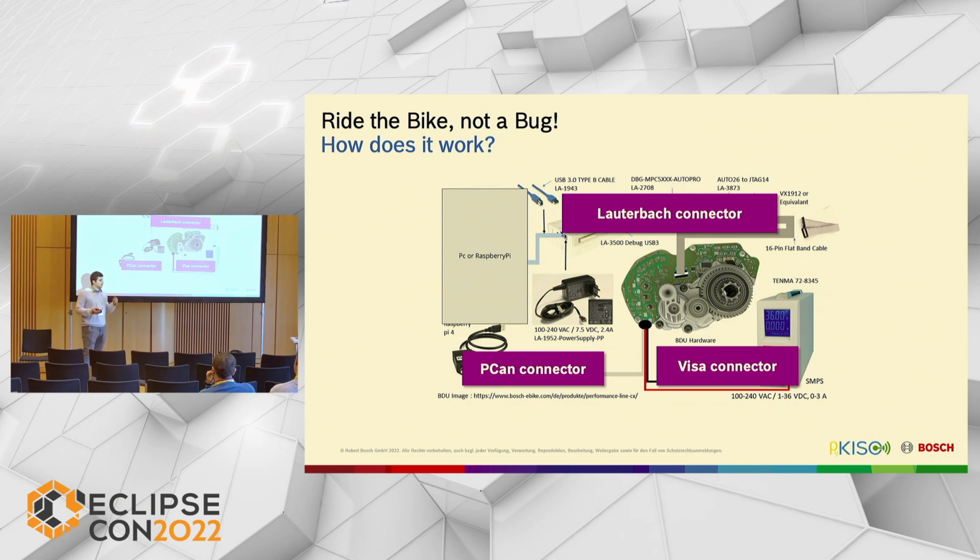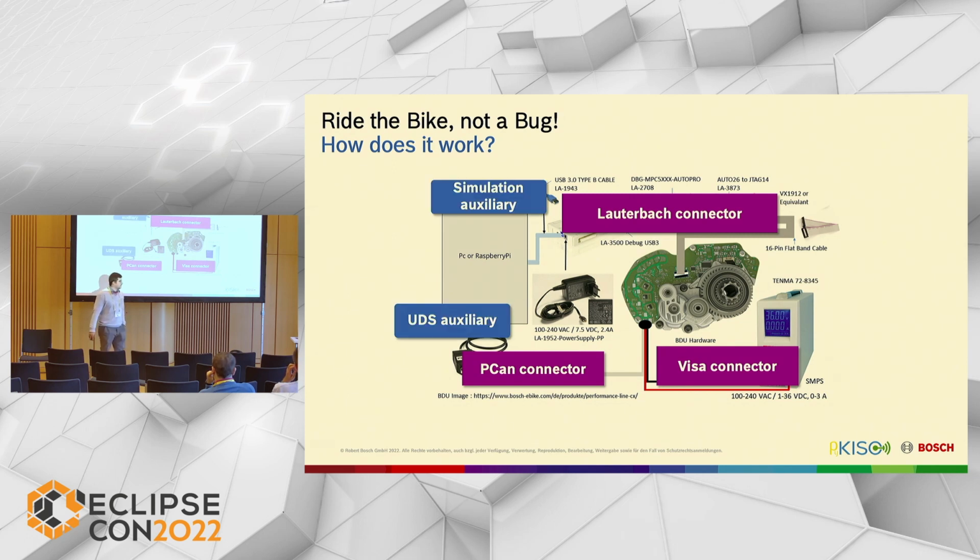We are using a so-called UDS protocol. So maybe I request via UDS, okay, what is your speed? And if the integration of all my elements works well, I expect to receive 15 kilometers per hour. In PyKiso, it's called auxiliaries.